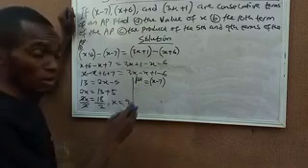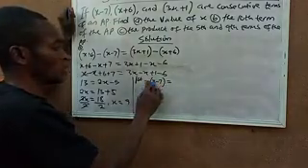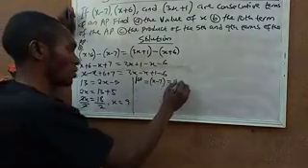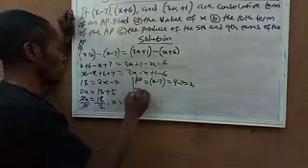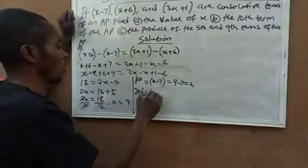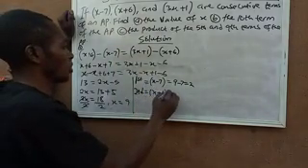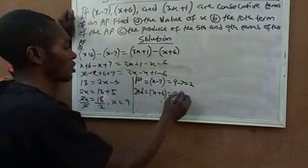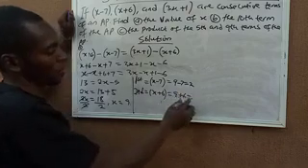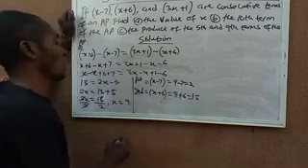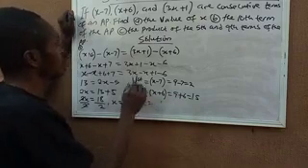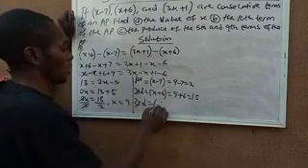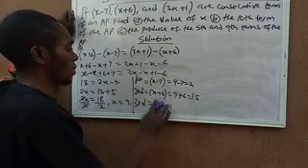Better still, we just insert our 9: 9 minus 7, which is 2. The second term is x plus 6, which is the same thing as 9 plus 6. 9 plus 6 gives us 15. We also have our third term, which is 3x plus 1.